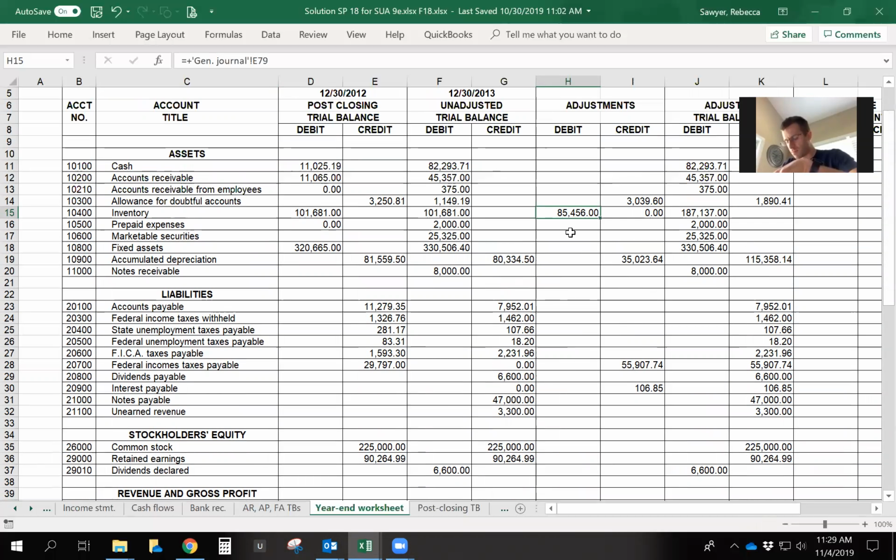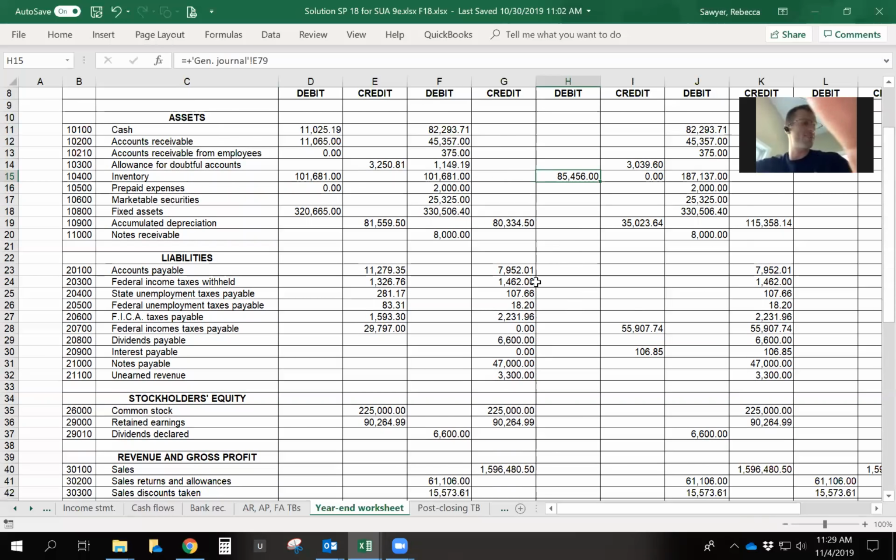We had the beginning inventory, and then I added together the net purchases, including the freight in. Can I see your spreadsheet? Sure, I can flip the camera, but it's too little to see on my phone. Sorry about that, I just downloaded Zoom again on my phone.